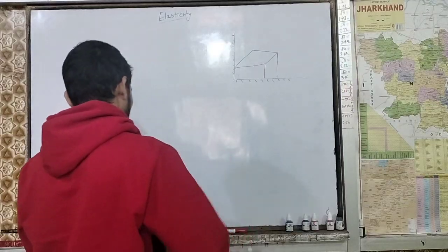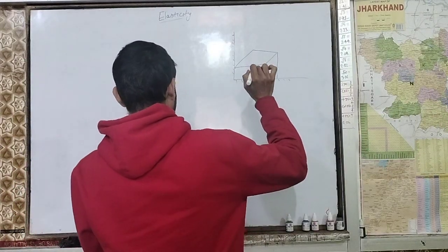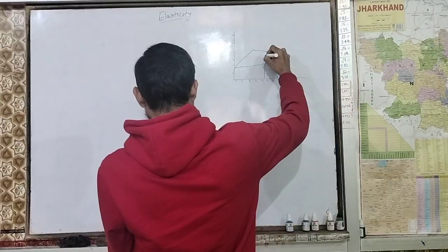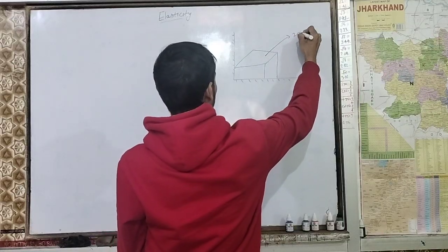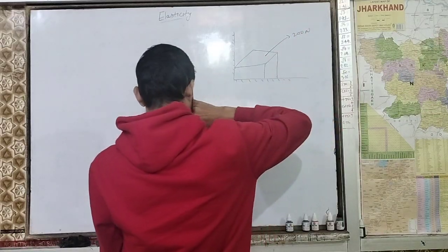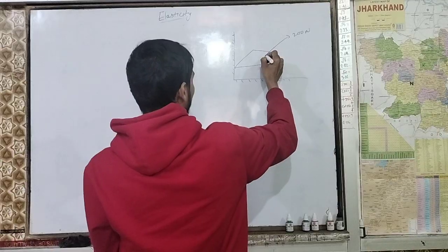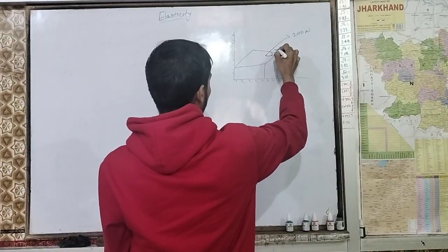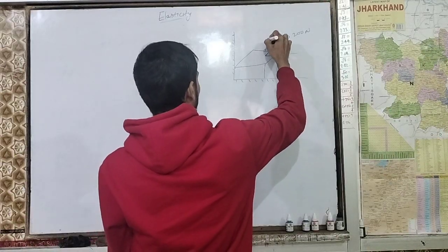Now it is saying that the force which is being applied on this object is like this, with 200 Newton, and it is making an angle with the horizontal of 30 degree.